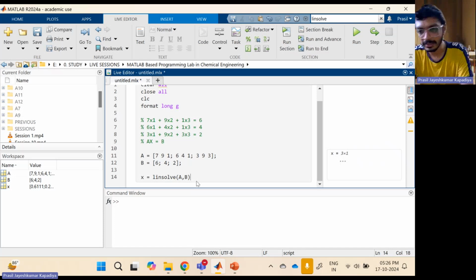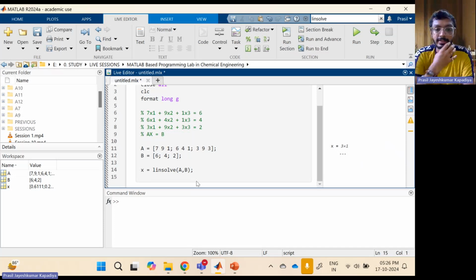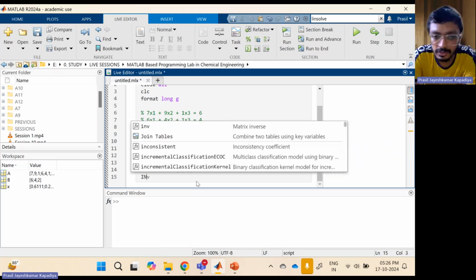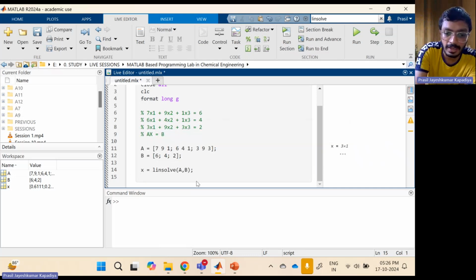Correct. So what is another way of solving this? Let's say I'm finding the inverse of the matrix. How can I find the inverse of a matrix? Using the inv MATLAB inbuilt command.